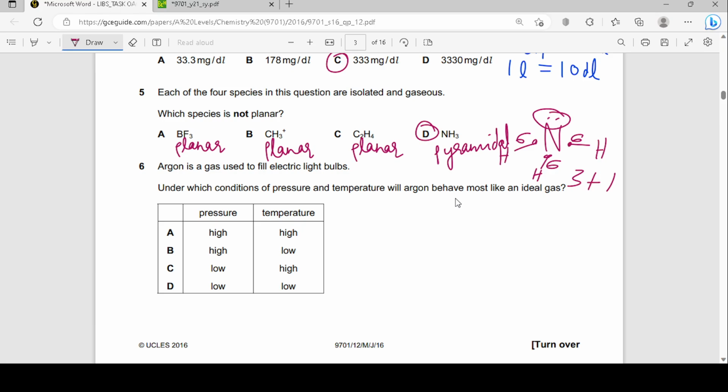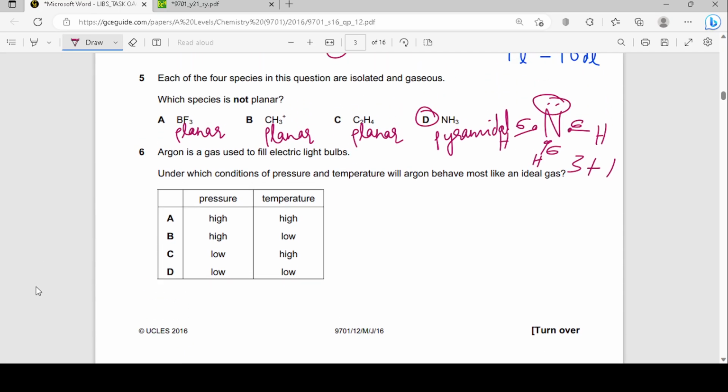So the volume of the individual particles is negligible compared to the total volume of the gas.